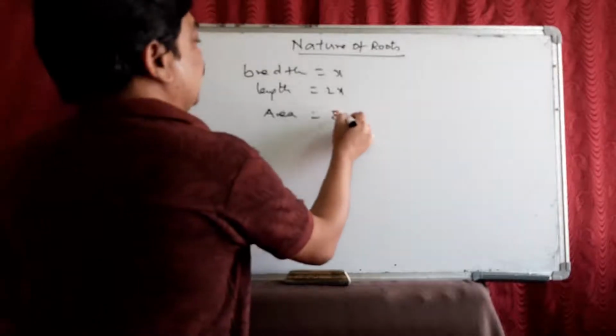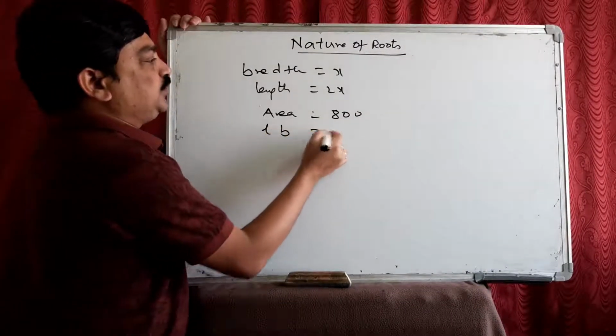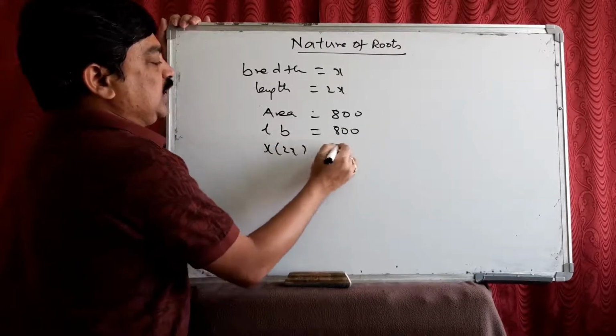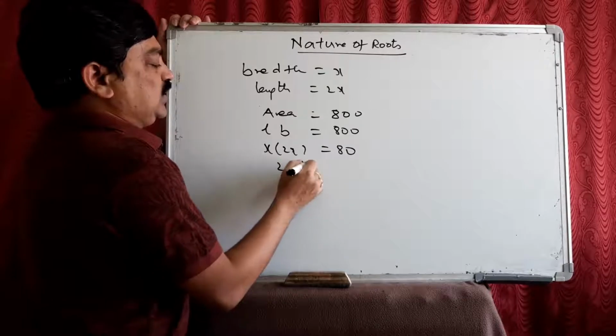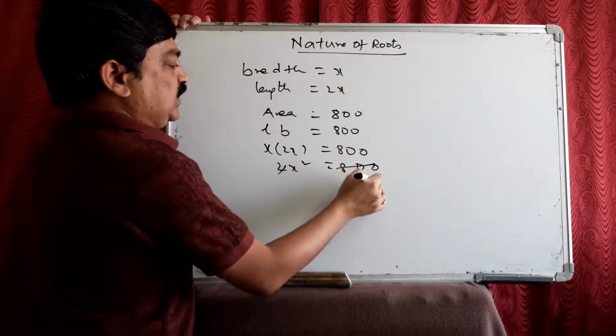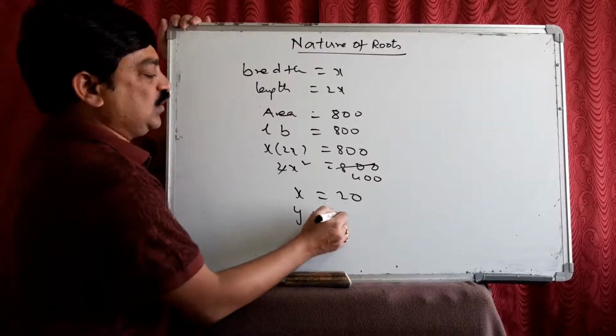Is it possible? Let us see. Area means length into breadth, 800. So x into 2x is equal to 800. 2x square is 800. So x square is 400. x equal to 20.